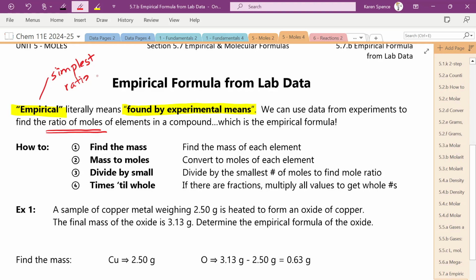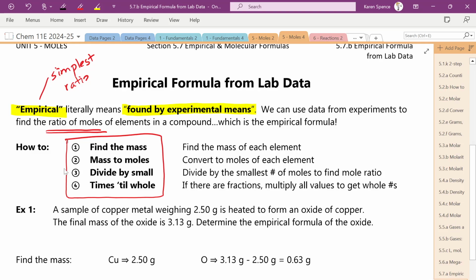And we have here a little poem that helps us remember how to do this. Now, you can actually figure this out from first principles. If you know that the empirical formula is the simplest ratio of moles, then in order to find the ratio of moles, you would have to find the moles.